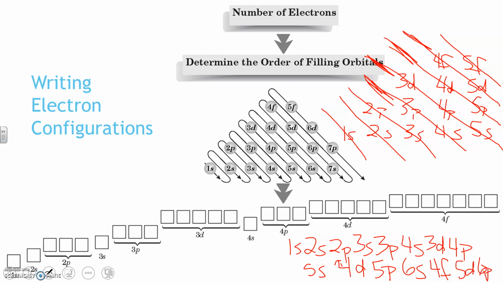And then you continue going on like that. If you write out the whole thing, you can see how they did the diagonals this way. And there you go. That's how you tell which orbital comes next.